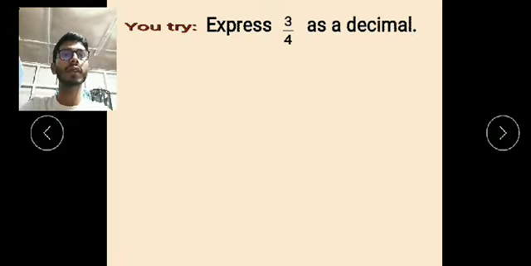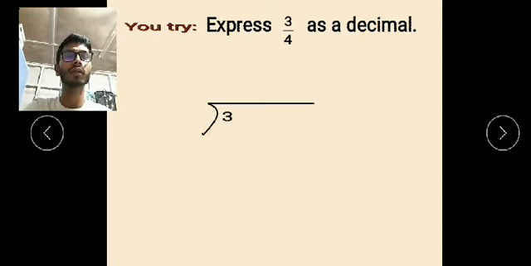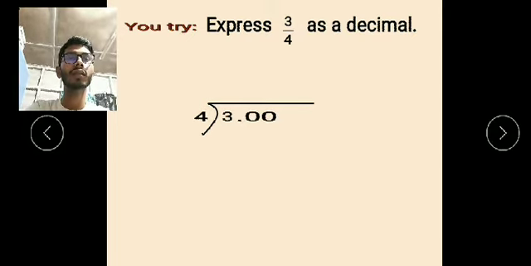Let us take one more example. 3 by 4. The numerator will be inside and the denominator will be outside. In this manner, just write 0.00, then comes the point. 4 7s are 28.